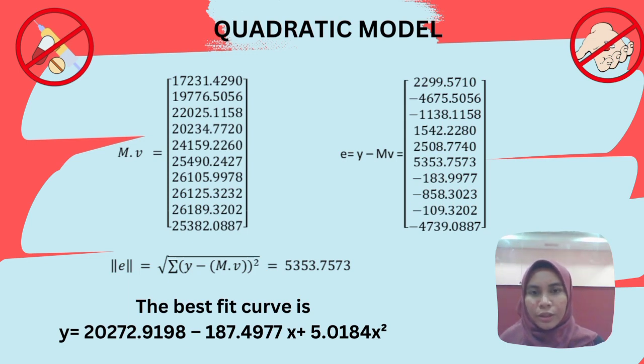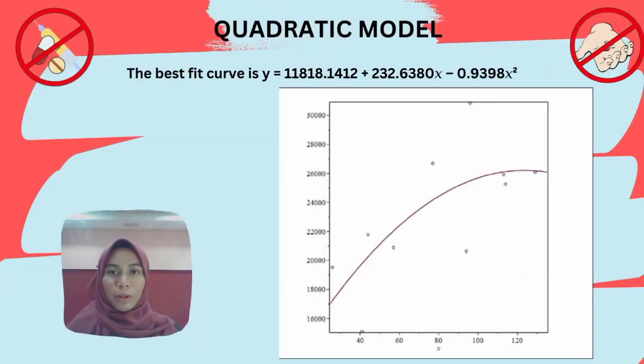Then we find the error magnitude by squaring each element of the error vector, summing them, and taking the square root. Then we get the answer 5353.7573. This is the graph we plot for the quadratic model after finding the best fit curve.